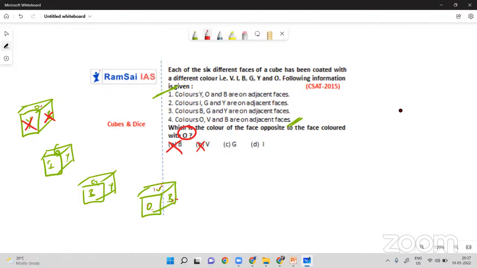Side can never be opposite, right? So I can go with 50-50 here. Just imagine you have only 20 seconds. Now you can put either C or D to get the correct one. Okay, fine. Now between G and I, I'll check where I have any common thing. G and Y.